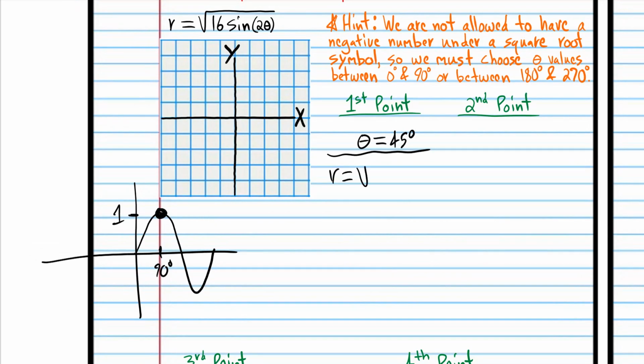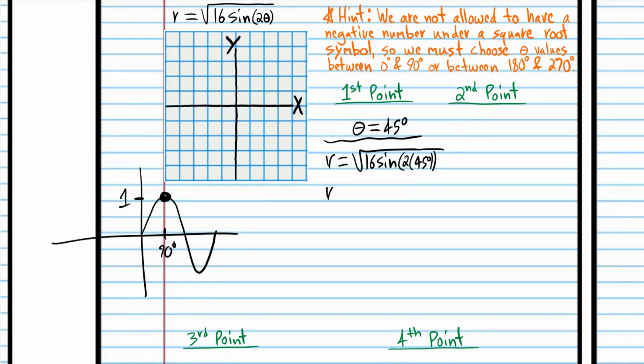So r is equal to the square root of 16 times sine 2 times 45 degrees. So r is equal to the square root of 16 times sine 90 degrees. And we have 16 times 1, and long story short, r is equal to 4, so the point is 4, 45 degrees.